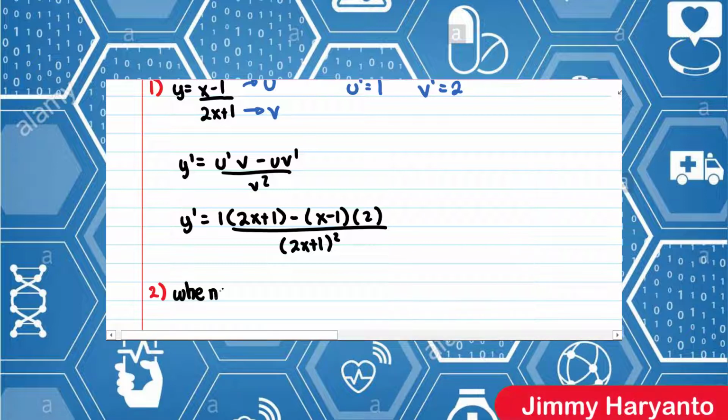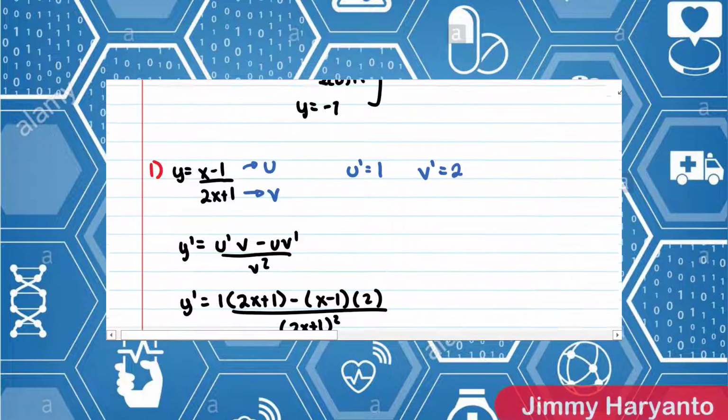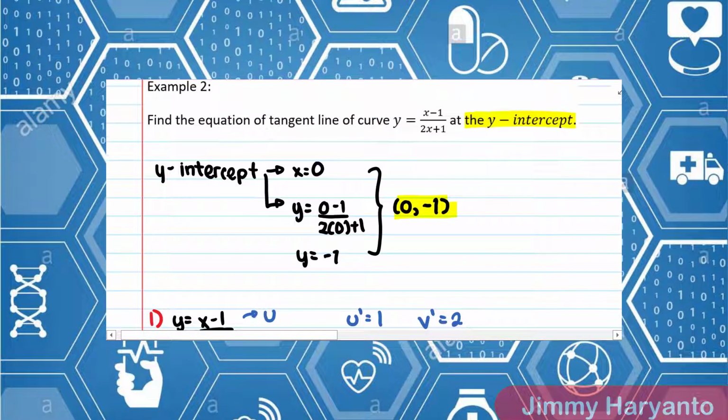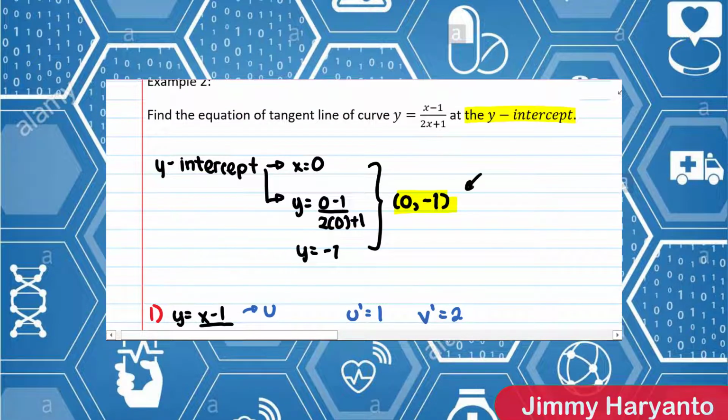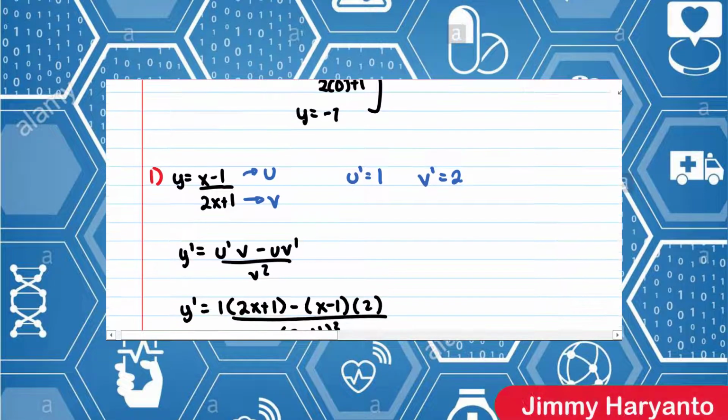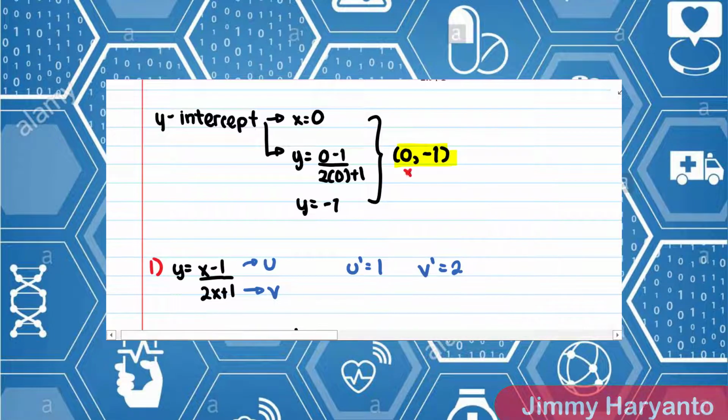Step 2, when x equals 0. In the first answer, we got the point, right? The point on which the tangent line lies, (0, negative 1). As you can see, x equals 0.